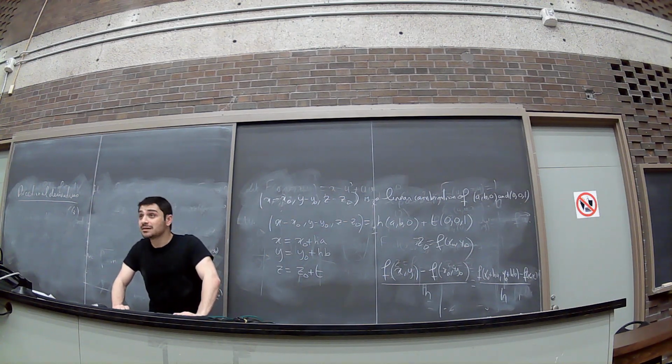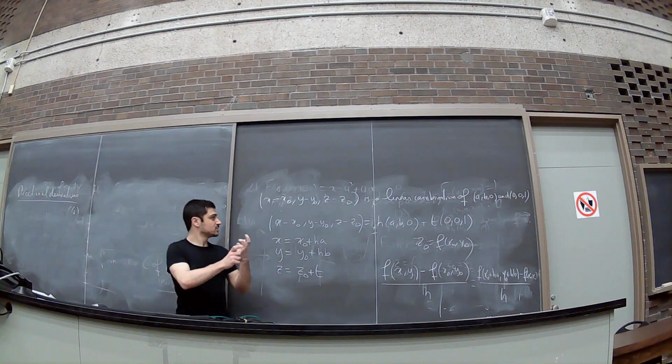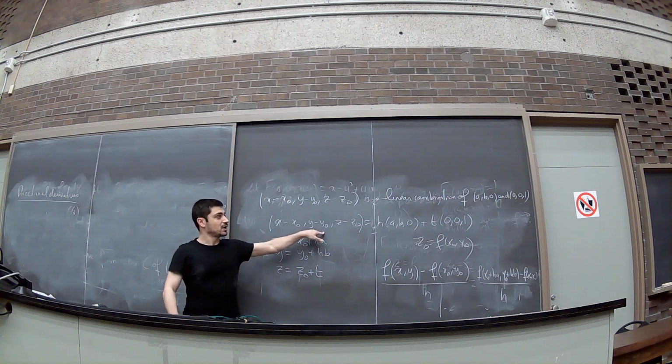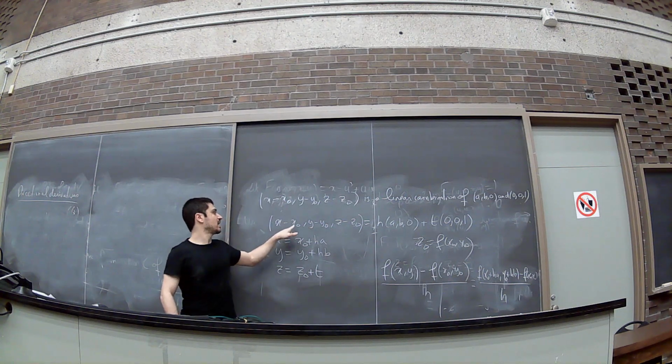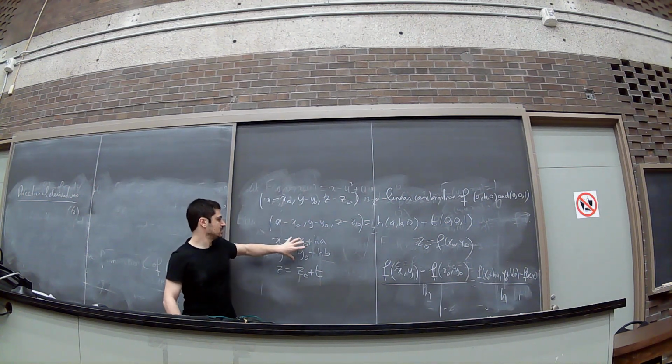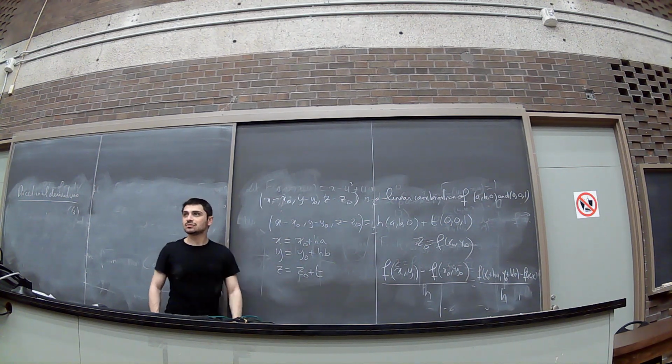What is it? It's h, right. You see that? What is the distance? It's the square root of h squared a squared plus h squared b squared, which is h. These two points have distance h.